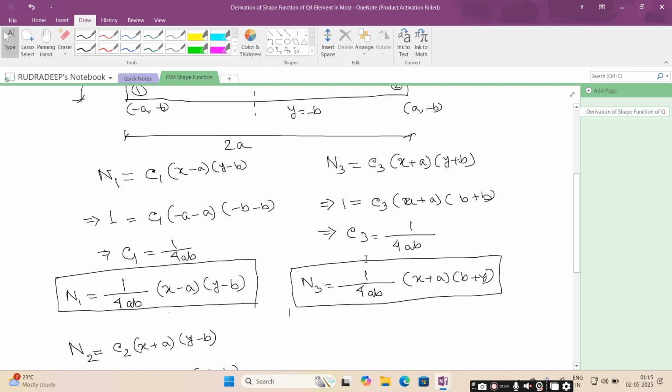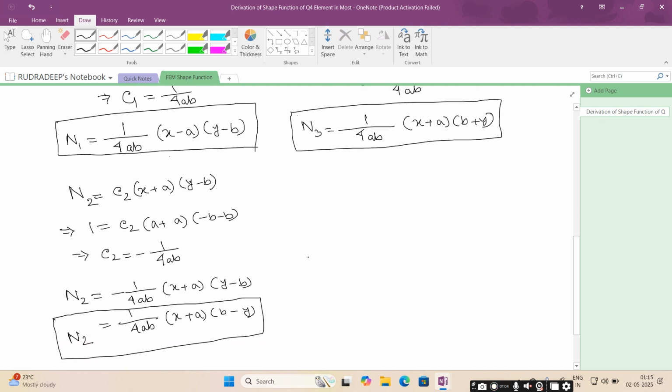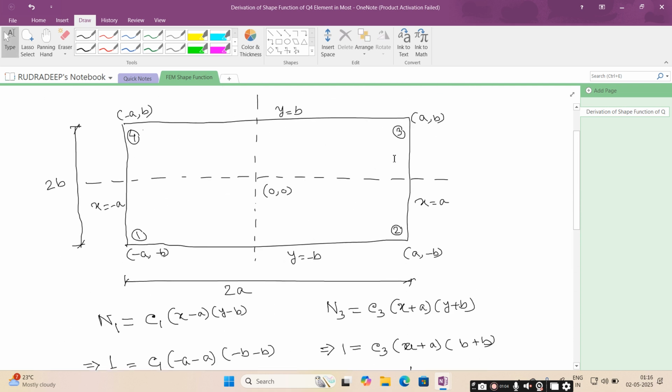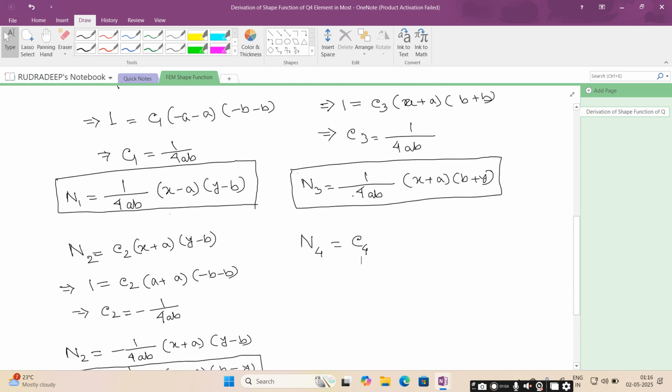And now come to the last, fourth one. So fourth one, I will just take N4 equal to c4, and what are the equations opposite to node 4? That is x equal to a and y equal to minus b. So x equal to a means x minus a, and y equal to minus b means y plus b.